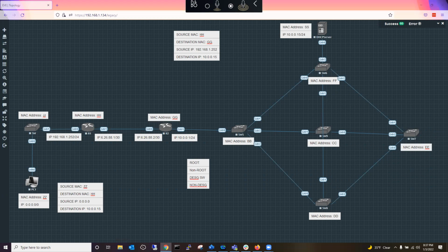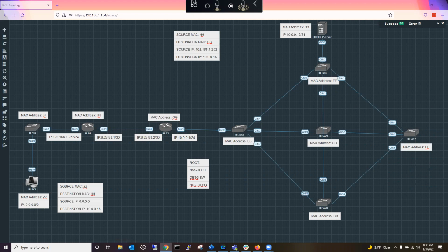Whenever a switch is electing a root bridge, it's going to use the switch with the lowest what they call bridge ID in Cisco terms. The bridge ID consists of the MAC address and the system ID.